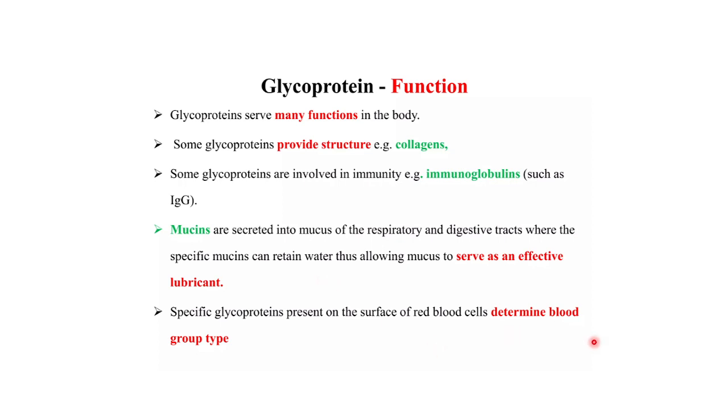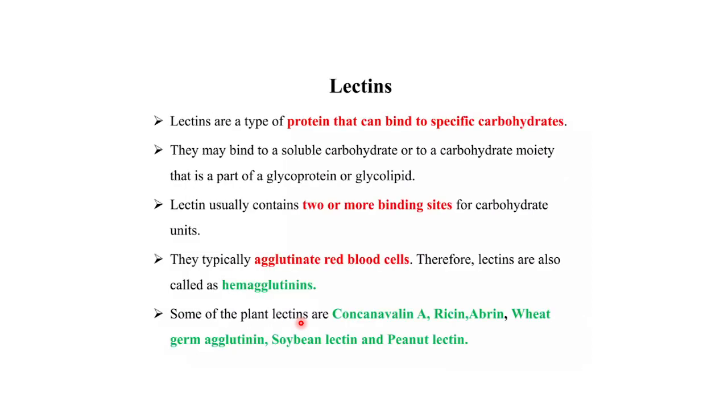The other type is to determine the blood group type. Specific glycoproteins present on the surface of the red blood cells help you get an idea about what blood group type you contain. This is very important where we speak of lectins. These are proteins that bind specifically to carbohydrates, and they might bind to a soluble carbohydrate or to a carbohydrate that belongs to a glycolipid or a glycoprotein family.